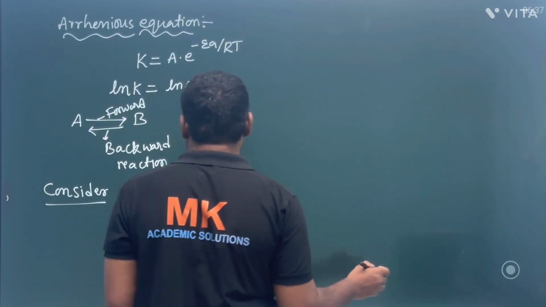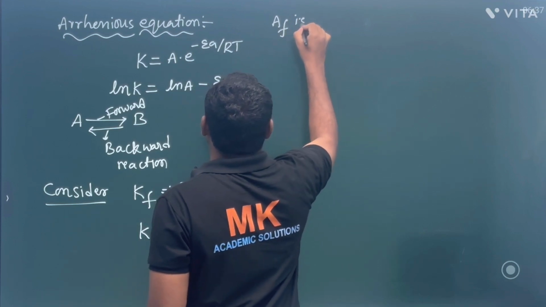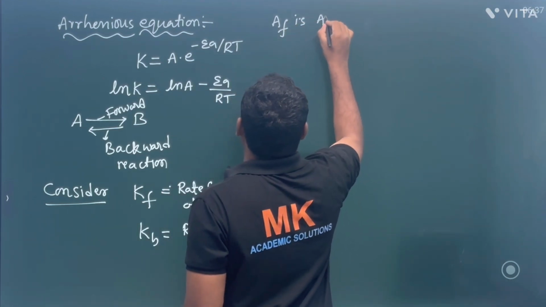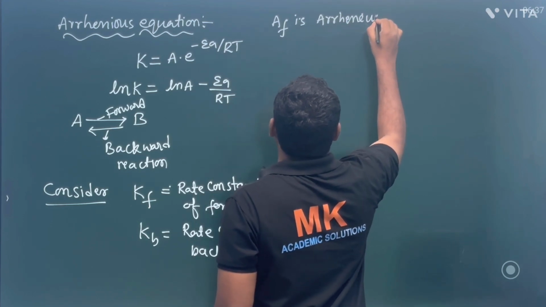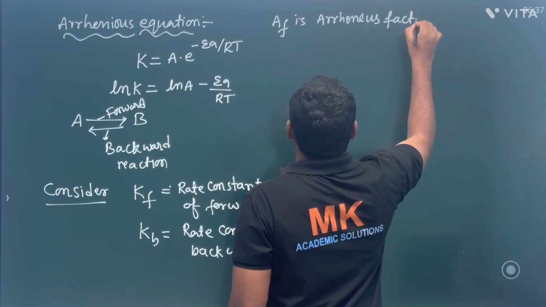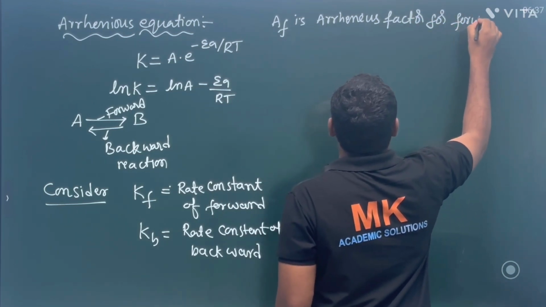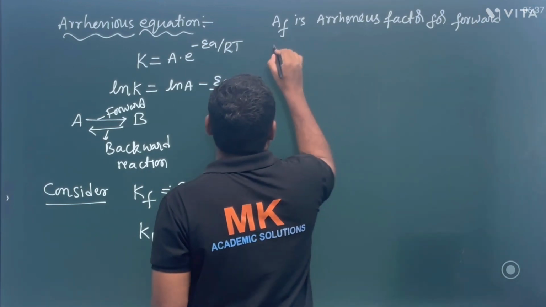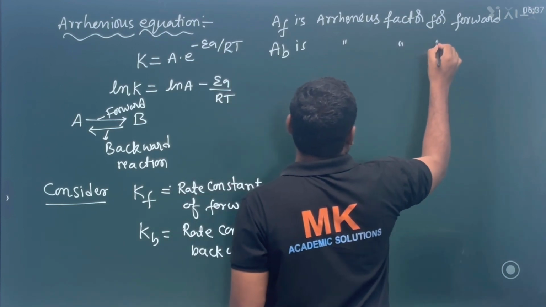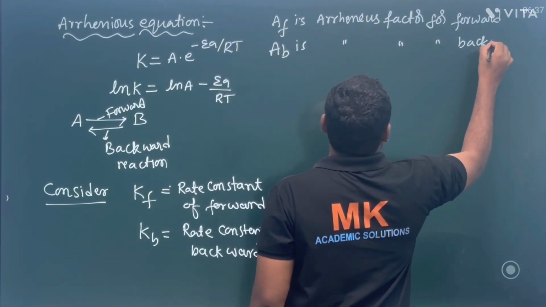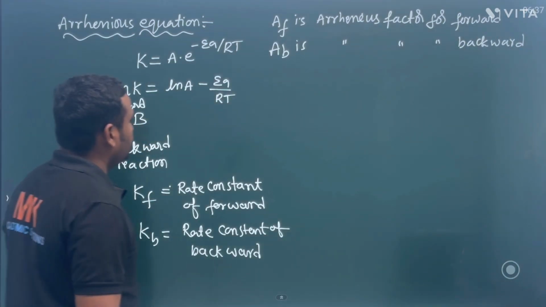And next, AF is the Arrhenius factor for forward reaction. AB is the Arrhenius factor for backward reaction.